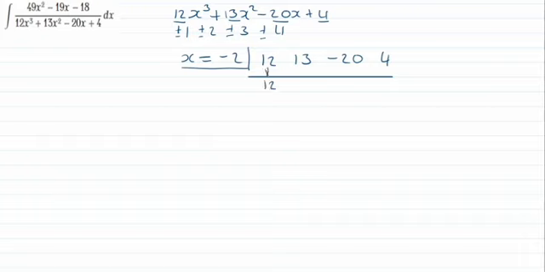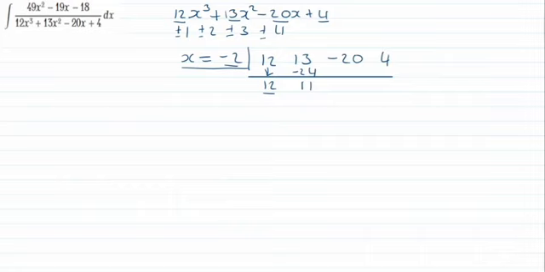Okay. So after dropping this, we are going to multiply negative 2 by this number 12. So when you multiply here, you get negative 24. With this negative 24, when you punch on your calculator to check, we have negative 24 plus 13, we're going to get negative 11. So the answer that we get, we'll write it down here.